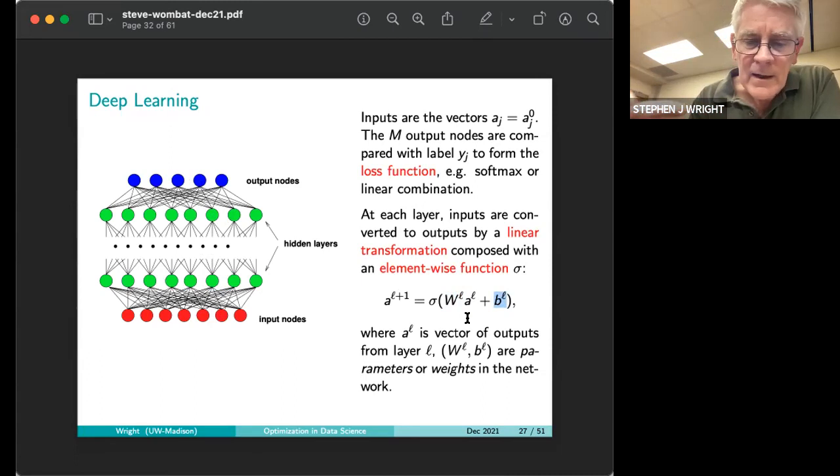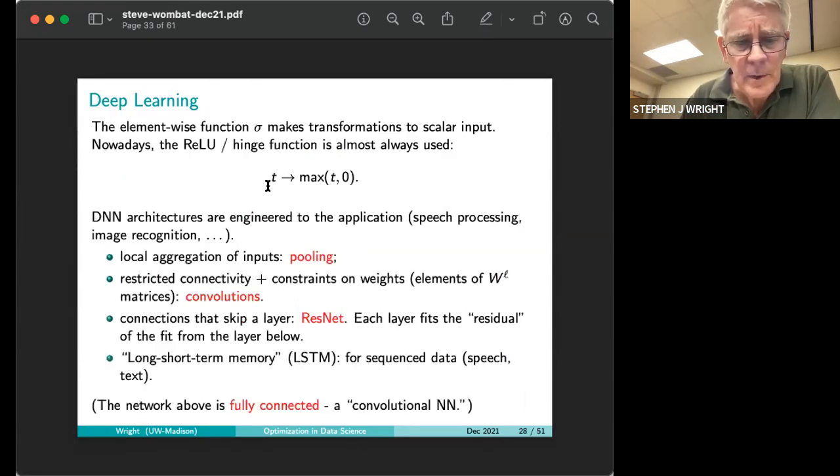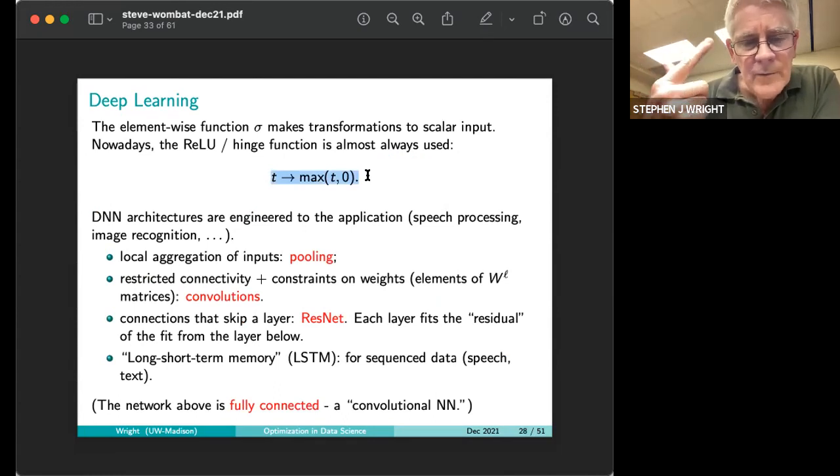Then within the layer, you do a tweak that's captured by this function sigma. The most common thing these days is simply the ReLU operation. You take the input to that node and replace it by 0 if it's negative. Otherwise, you just leave it alone.